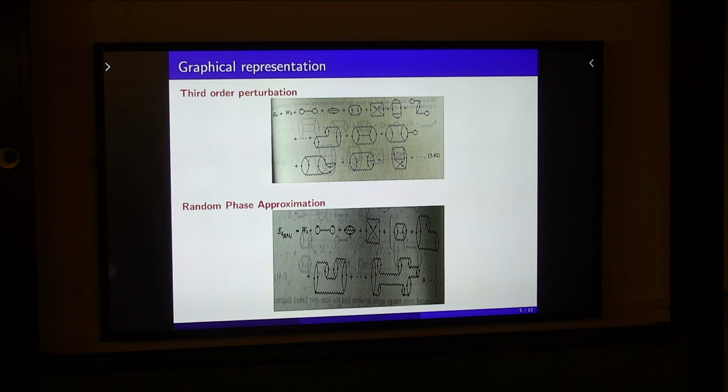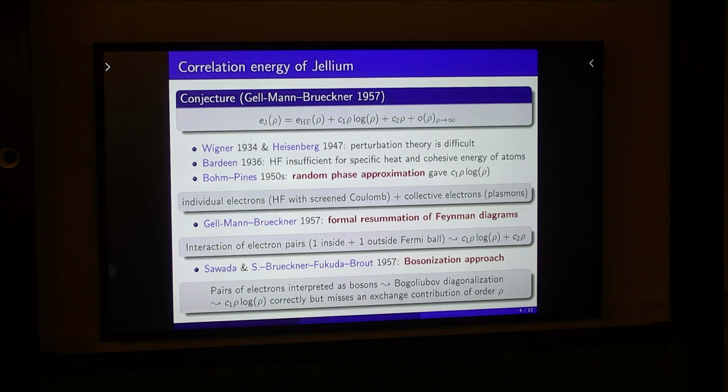I also want to show this picture because afterwards we give a theorem, and you see that the theorem is non-trivial because it's not perturbative. You really have to sum up a full class of infinite diagrams in some sense. But let's go back to that.